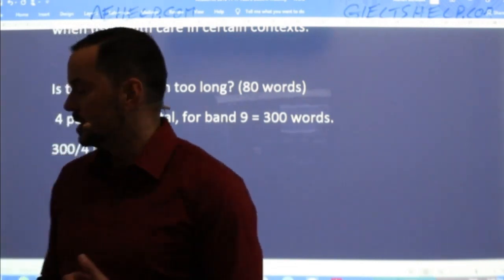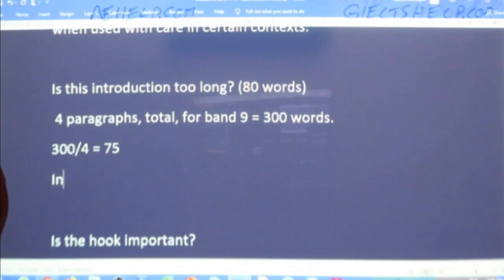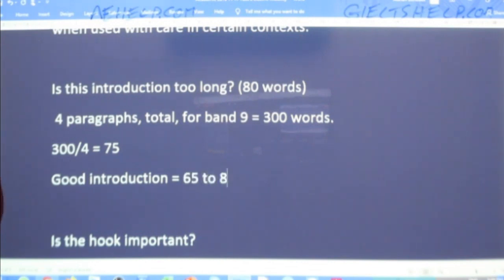So if you want to really think about this like numbers, how should this work? A good introduction is equal to anywhere from, let's say, 65 to 85 words.